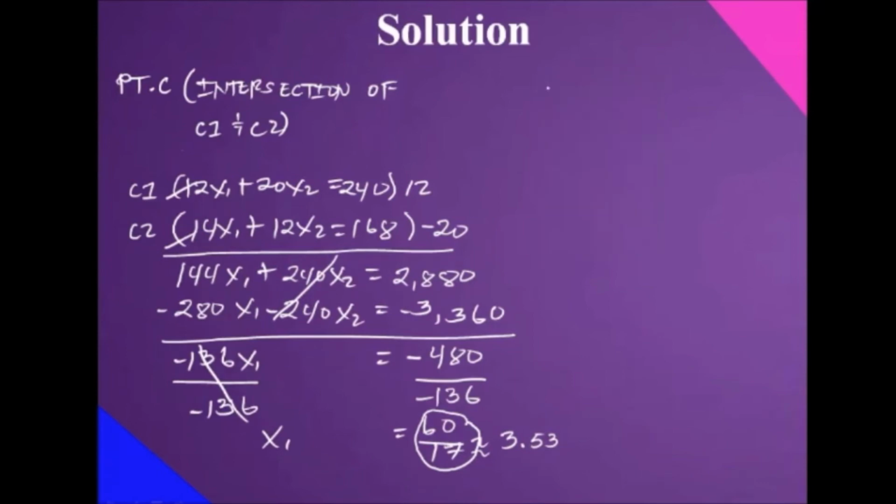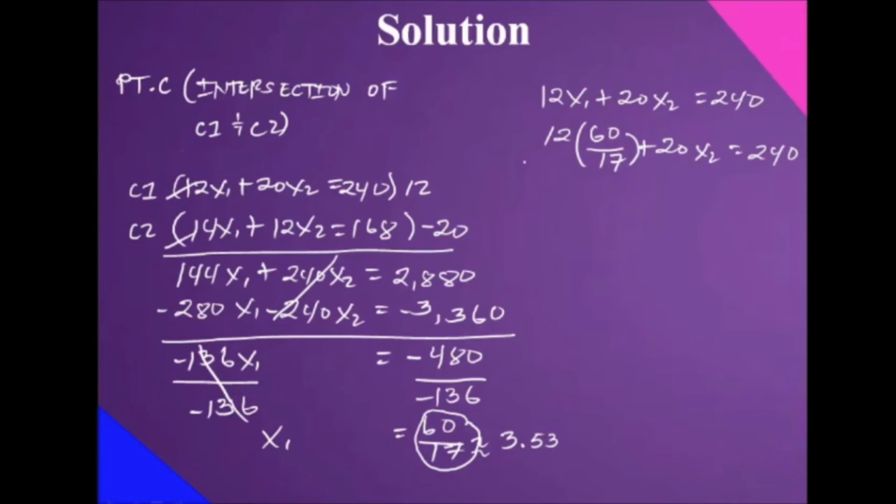Ang C1 natin is 12 x sub 1 plus 20 x sub 2 equals 240. 12 multiply sa 60 over 17 na nakuha nating value ng x sub 1, over 17 plus 20 x sub 2 equals 240.